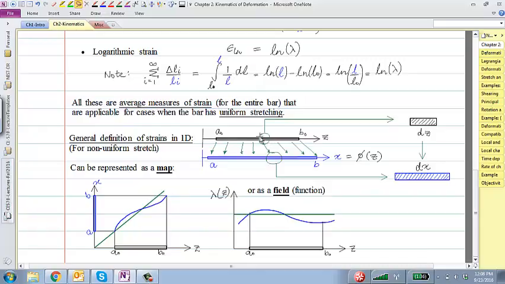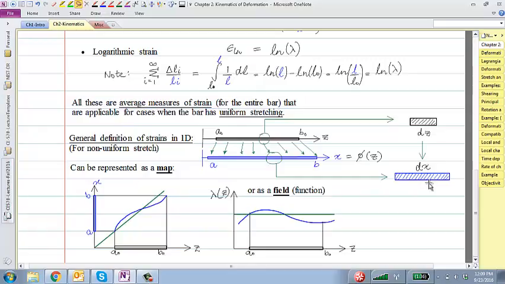But in general, if you look at some small infinitesimal body in the undeformed configuration, that could be something like dz, this black bar here. It maps to some deformed body dx, shown down here. And what we are going to do is try to visualize how this deformation can be expressed in a mathematical way.